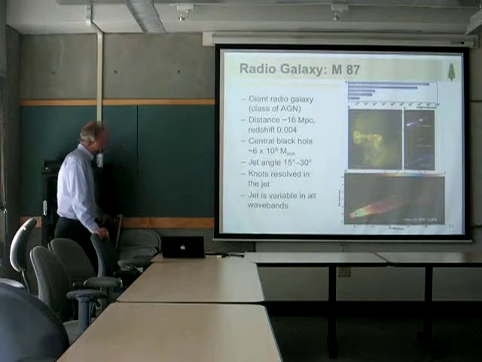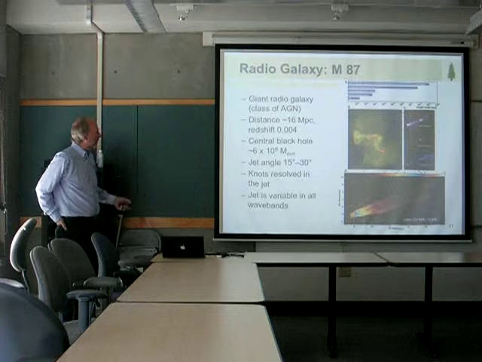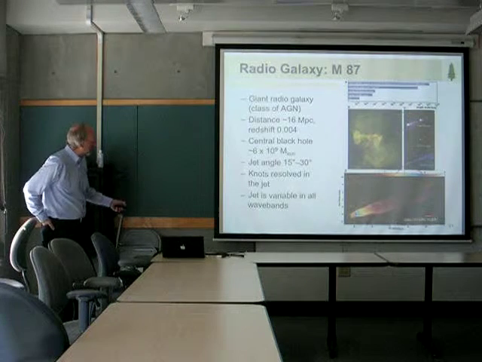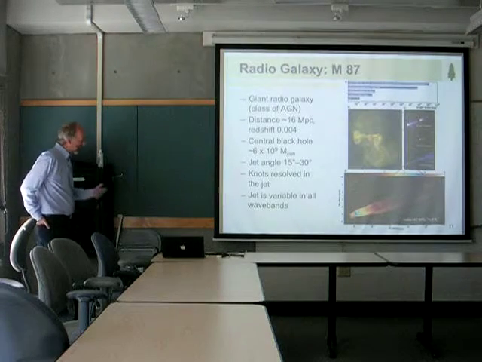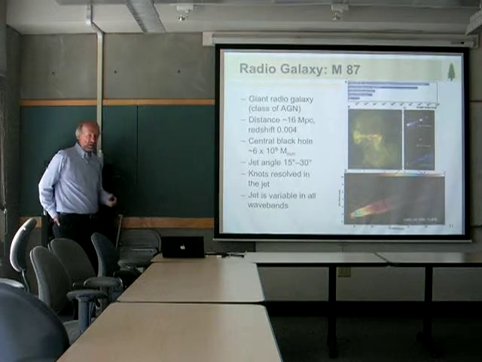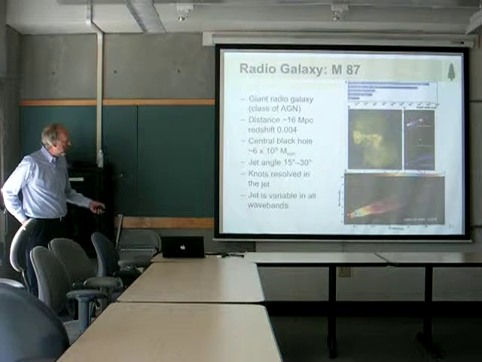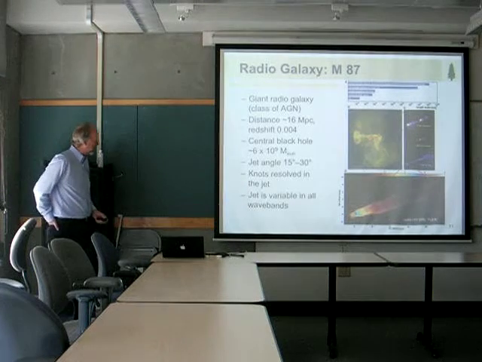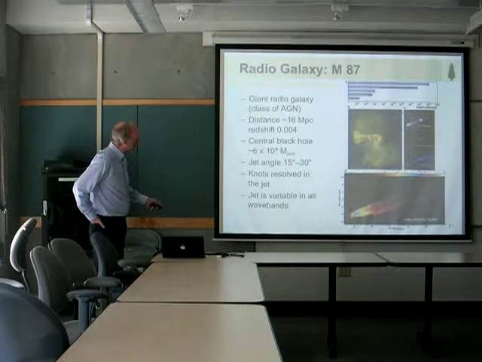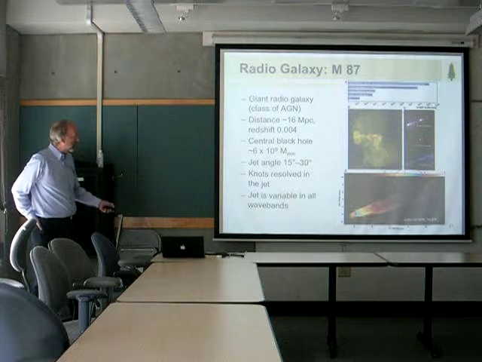So this is typical of an active galaxy that has a supermassive black hole at the very center that weighs perhaps something like 10 to the 6 to 10 to the 9 solar masses. A very massive black hole in the center, with material that's feeding onto that black hole and powering jets of particles that are being emitted along the rotation axis.